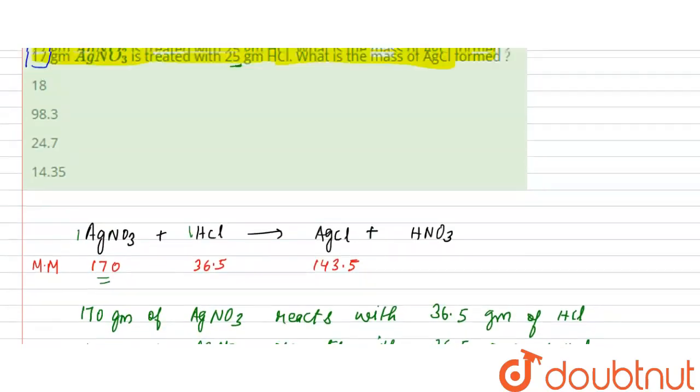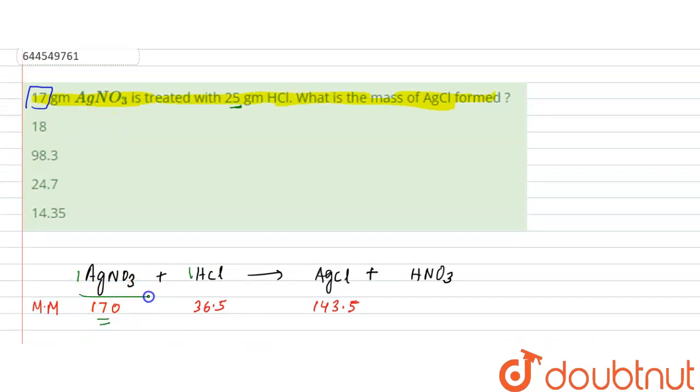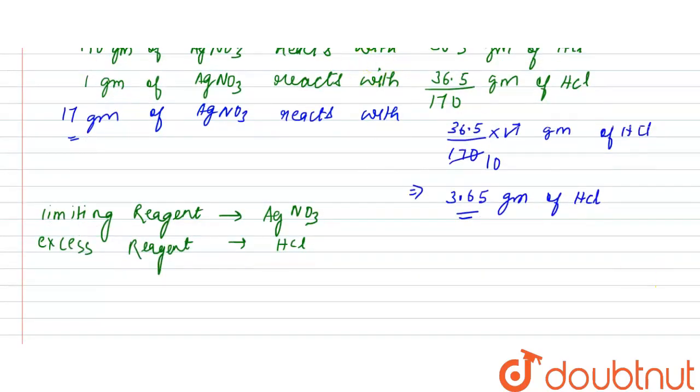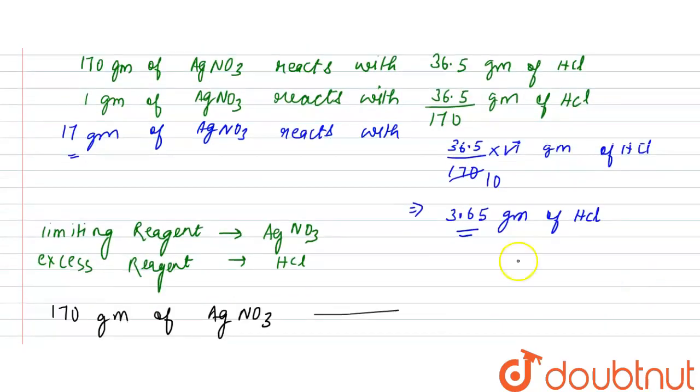Now you know very well that since this AgNO3 has been used completely, so you will proceed with this AgNO3 to find out the amount of AgCl formed. So since 170 gram of AgNO3 is giving you how many? 143.5 gram of AgCl.